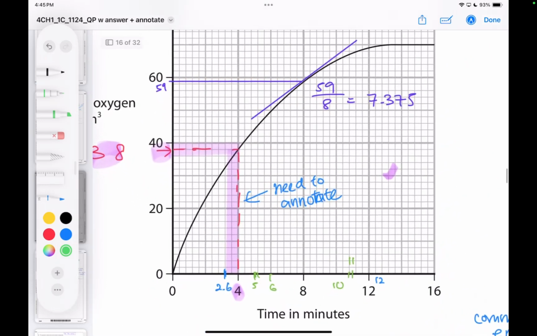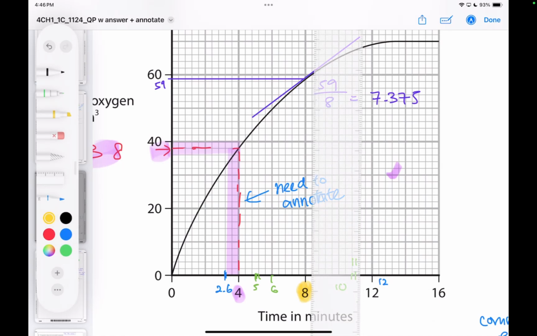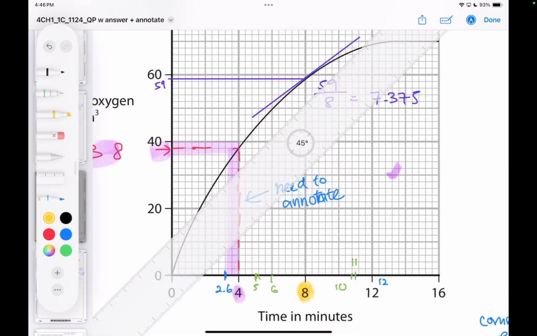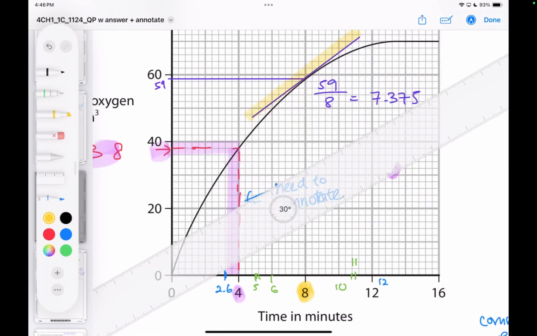So I'm going to bring it bigger. I'm going to use yellow. At my 8th minute, what I need to do is take a ruler and try to find a tangent that touches only at the 8th minute part of the graph. Okay, and then this is my line.